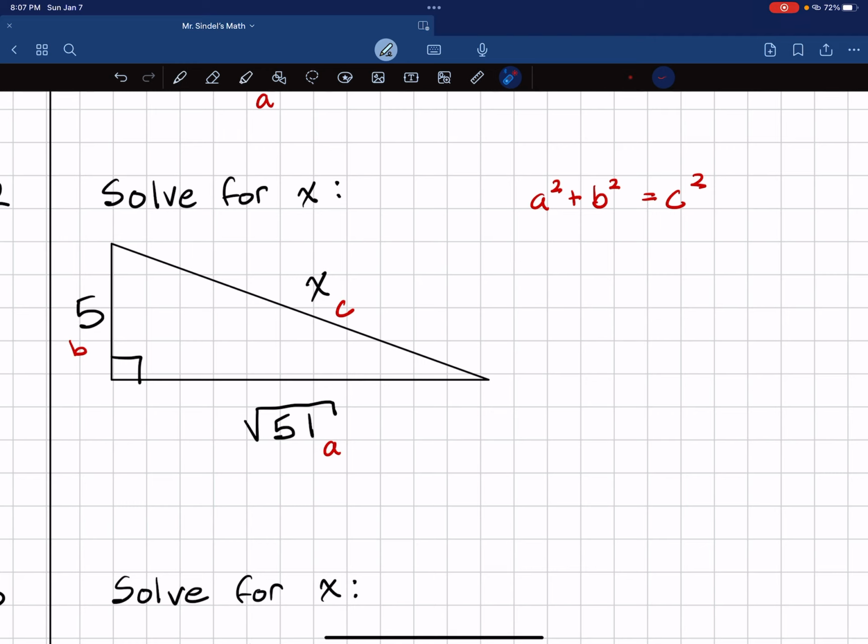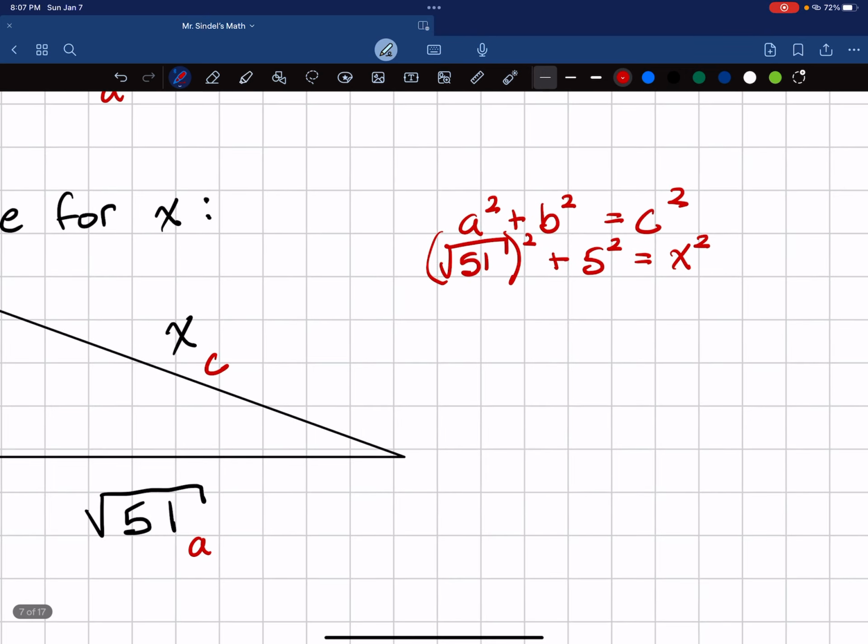So I'm going to fill in the formula here: the square root of 51, that quantity squared, plus b, which is 5 squared, equal to c, which is x squared. And from here, remember that a square root and a square cancel each other out. They are inverse operations of one another, leaving me with just 51. And then I still have to do 5 squared.